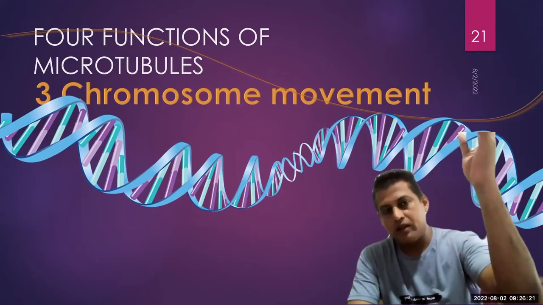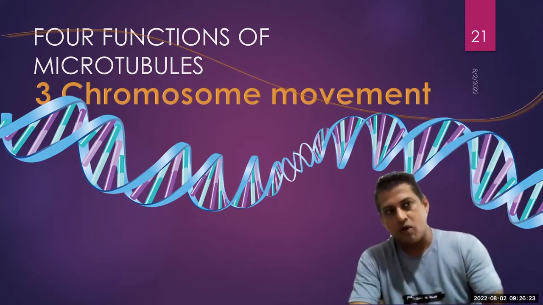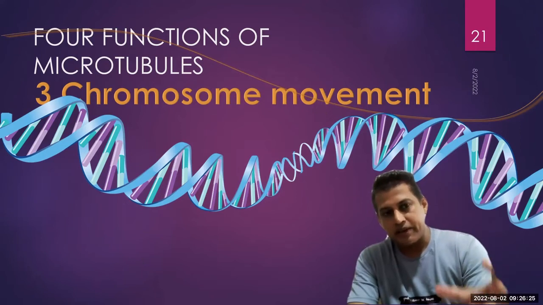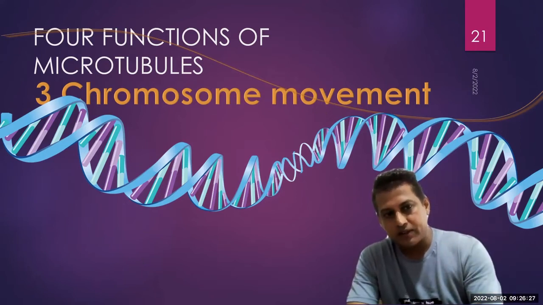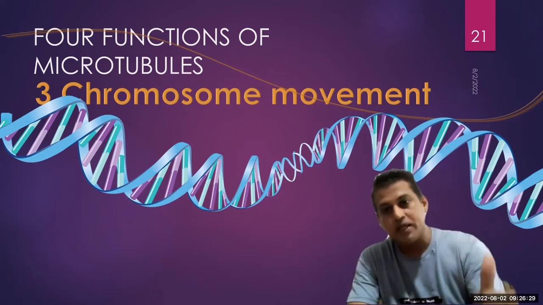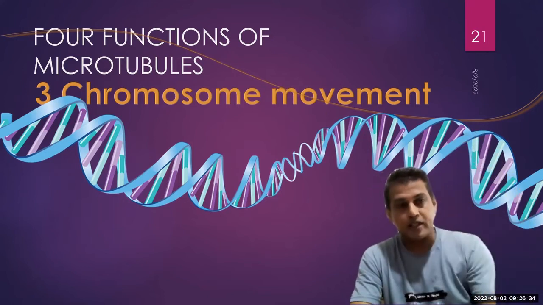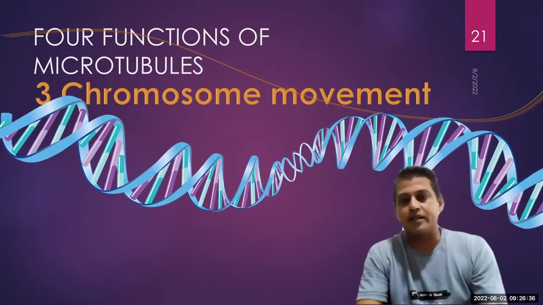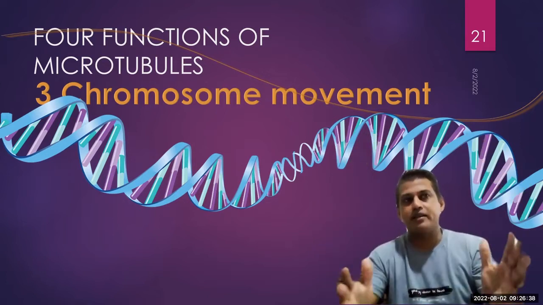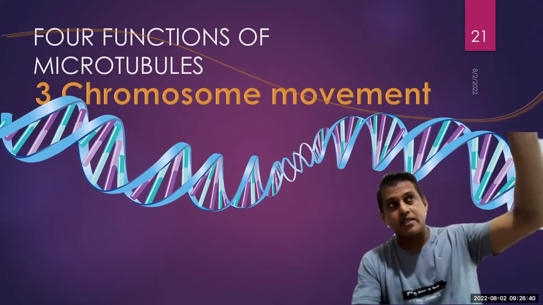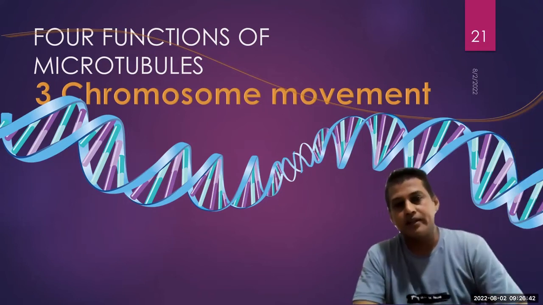Typically in one cell, one nucleus, there are about 6 billion nucleotides. So 6 billion, one side 3 billion, other side 3 billion. So this one strand has 3 billion nucleotides.